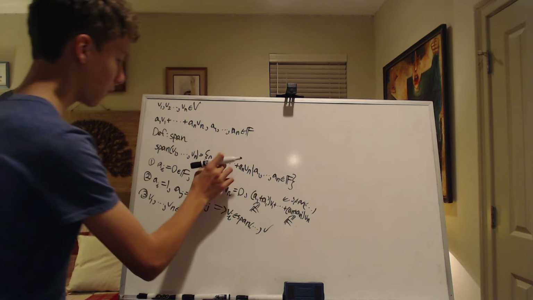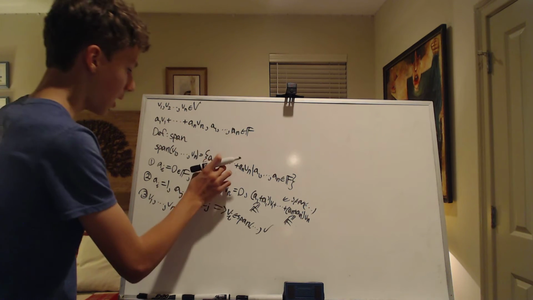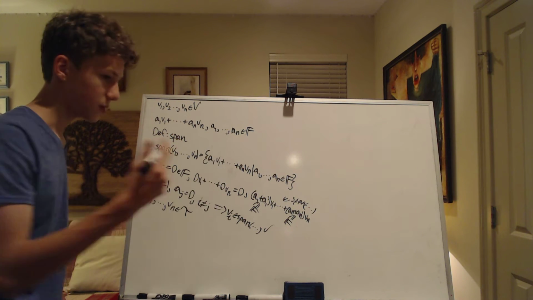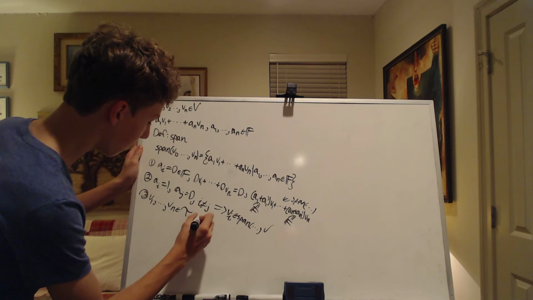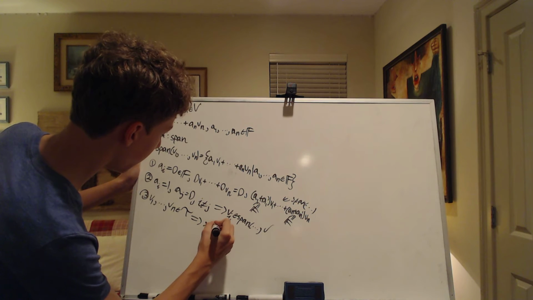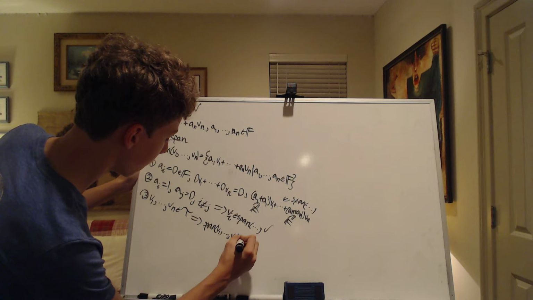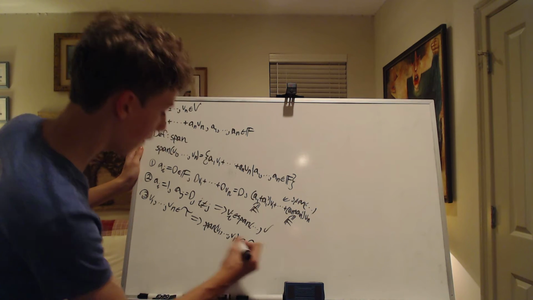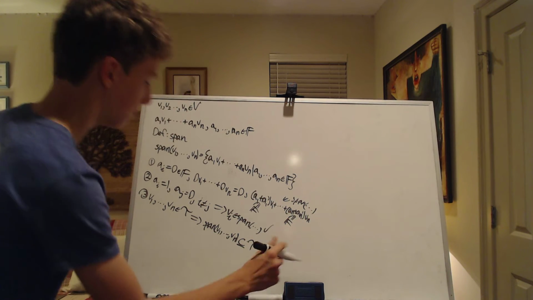Because, for example, a1 v1 should be in the subspace. a1 v1 plus another constant times a vector which is in the subspace should be in the subspace, etc. And so that implies that the span of these vectors must be a subset of T. Again, by similar reasoning, this is QED.